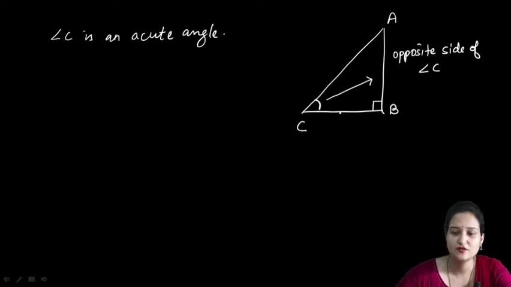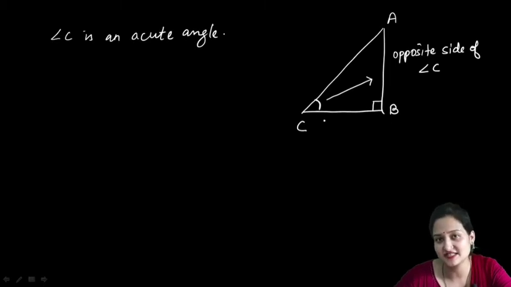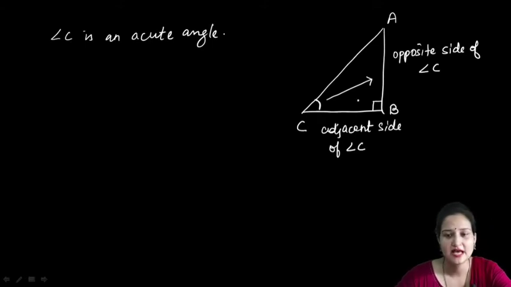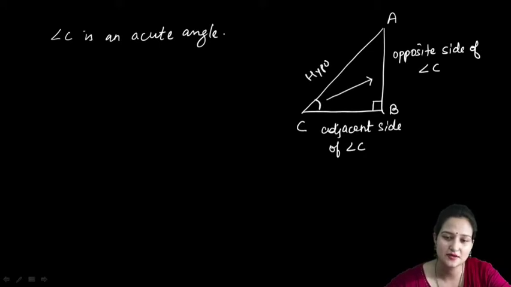And for the side BC, we can say that it is an adjacent side to angle C, right? Write it down here, adjacent side of angle C, right? And the third side AC, AC is the hypotenuse.